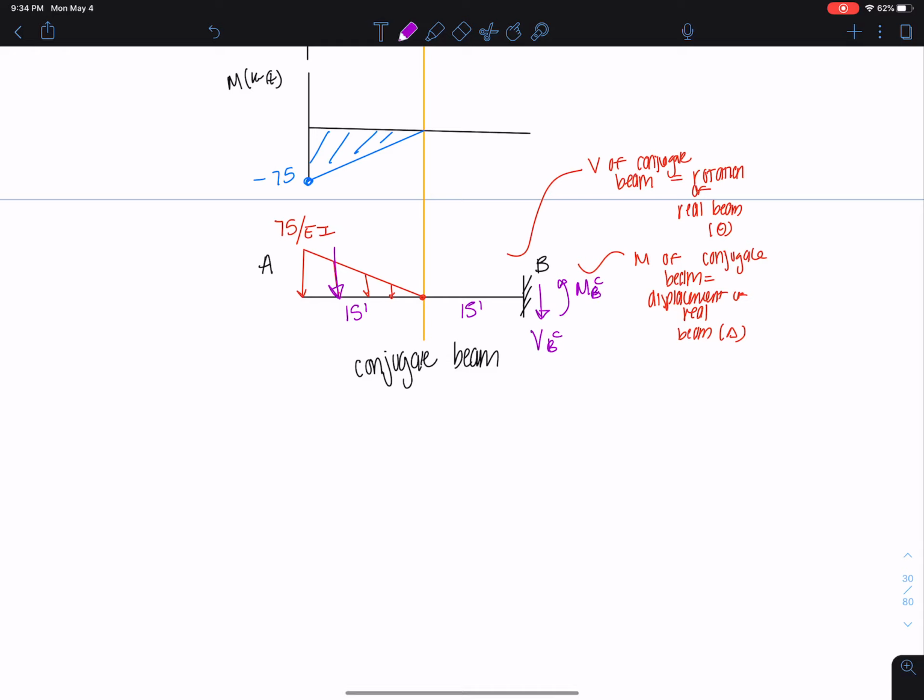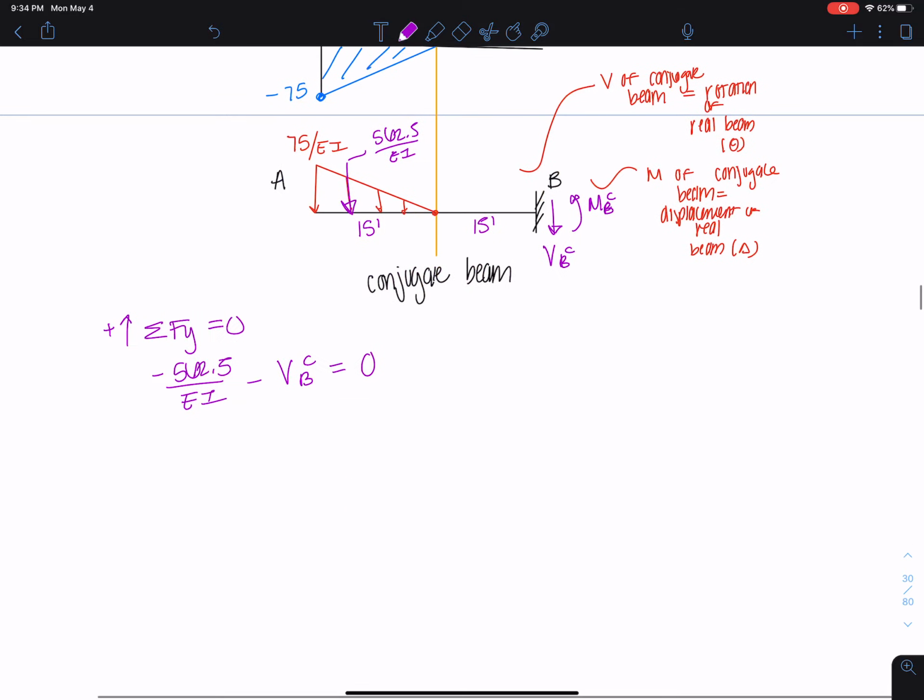We can sum forces in the y direction and set them equal to 0. We get negative 562.5 over EI, that's this here, minus VB conjugate equals 0, and we end up getting VB conjugate equals negative 562.5 over EI.